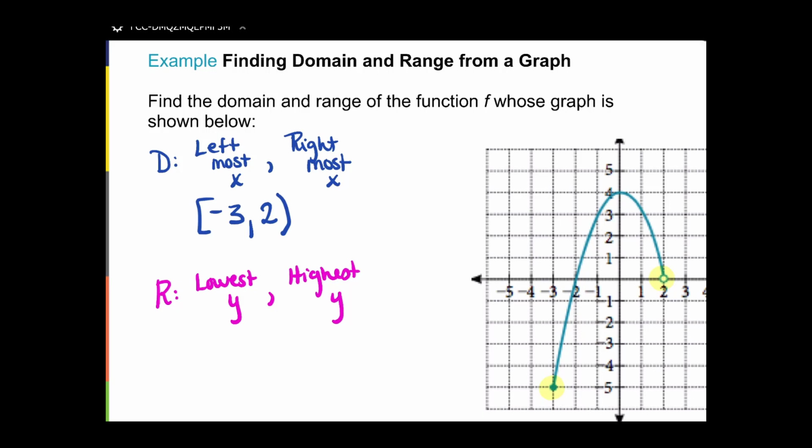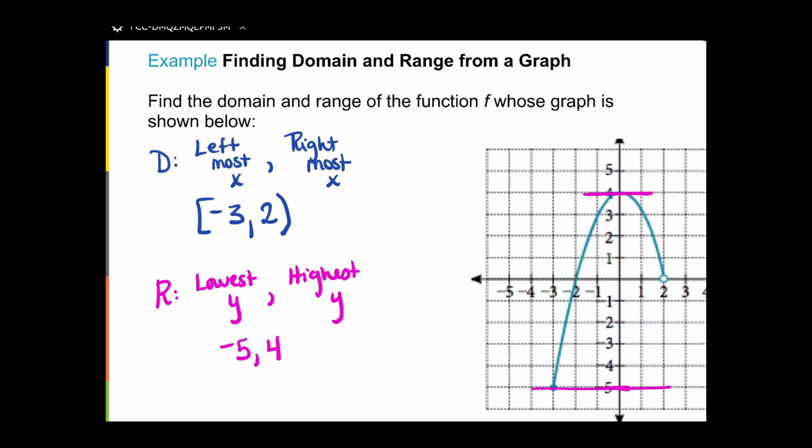In this case, the lowest point is here, and the y at that point looks like -5. The highest point is here, and what is the y value of that point? That highest value is 4.